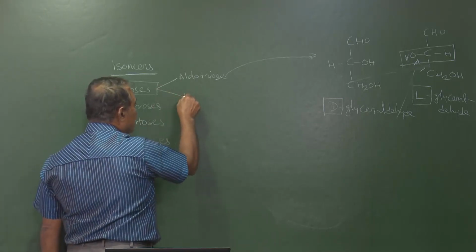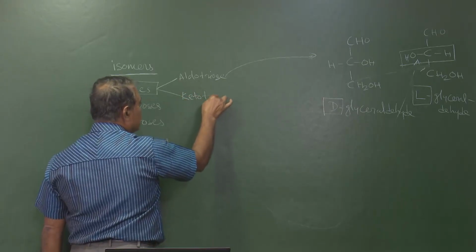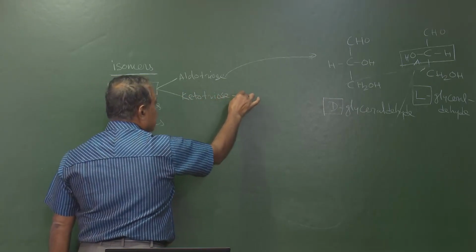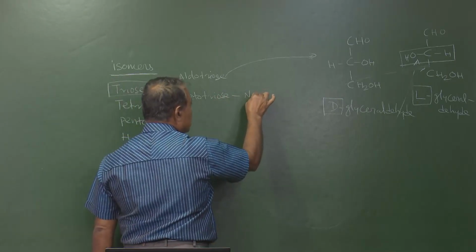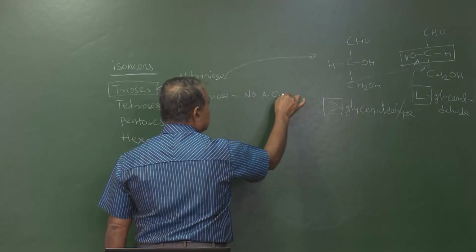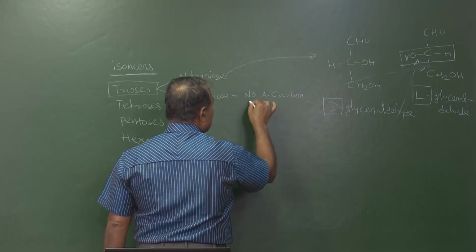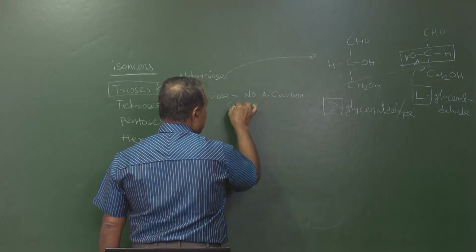Now when we come to ketotriose, I have already shown you there is no asymmetric carbon atom, so no isomer.